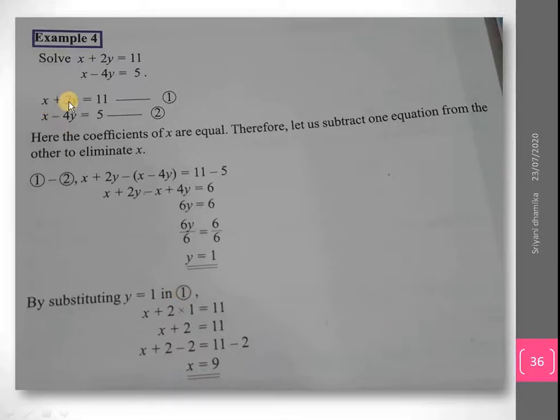The first equation is x plus 2y is 11, x plus 2 into 1 equal 11. Then x plus 2 into 1 is 2, that is equal to 11. So do subtraction on both sides, then x equal 9. Then the solution of this simultaneous equation is x equal 9 and y equal 1.